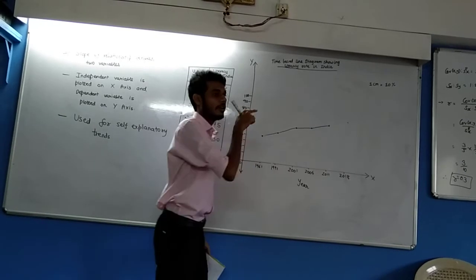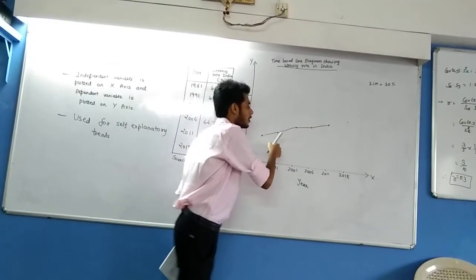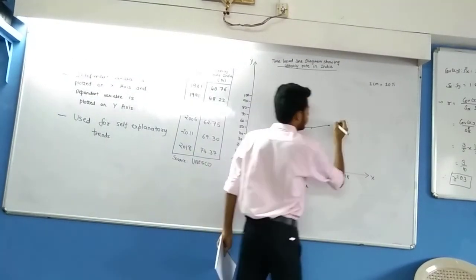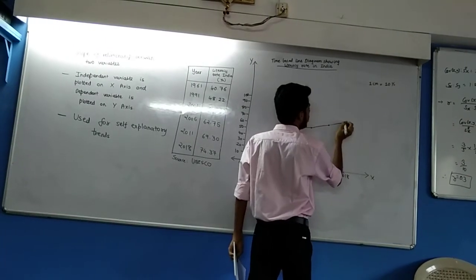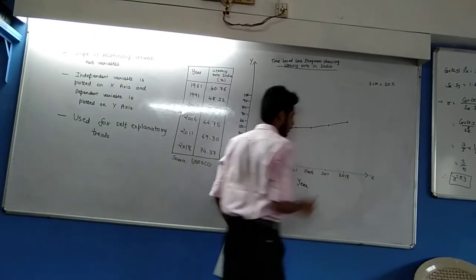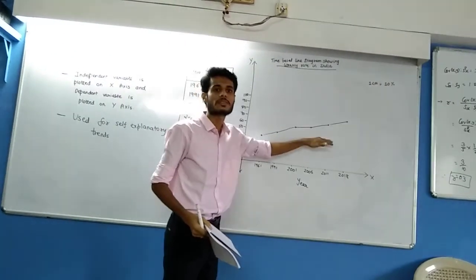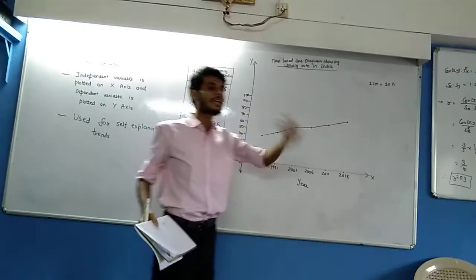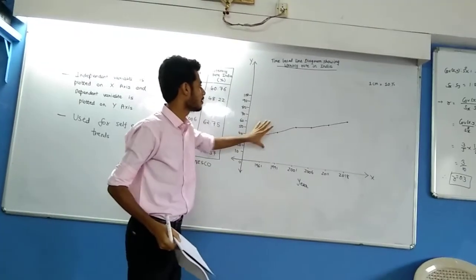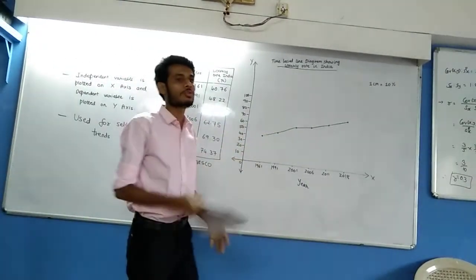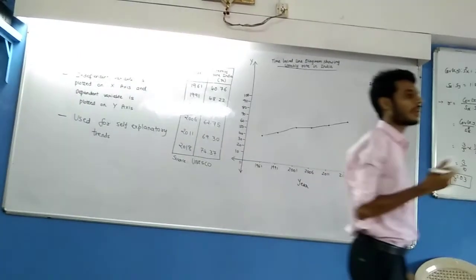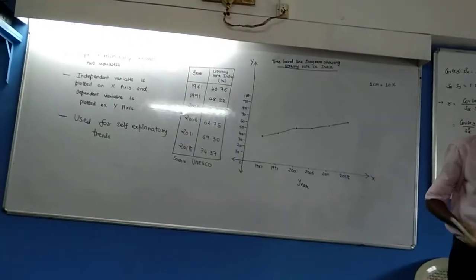trend in which direction the literacy rate is moving, whether it is increasing or decreasing. Here you can see that the literacy rate is increasing, but at a very slow pace. Even after decades of independence, we are not able to achieve 85 or 90% literacy rate.